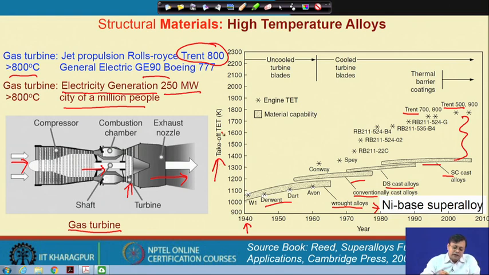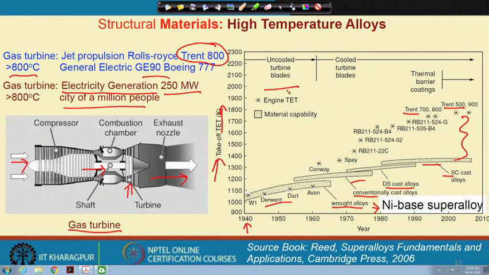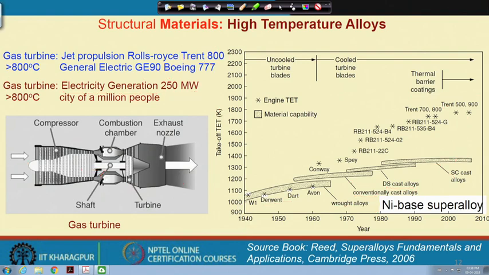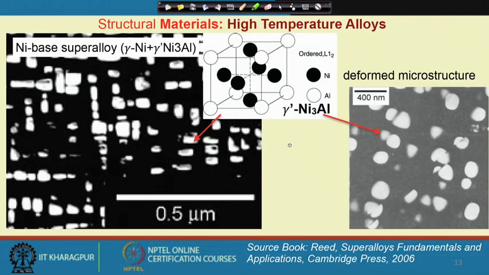Here the turbine entry temperature is very crucial to get much better heat extraction from a Carnot cycle. Previously those turbine blades were uncooled, and here these are the cooled turbine blades, and in recent days thermal barrier coatings are often used. And one can definitely see the benefit of such.